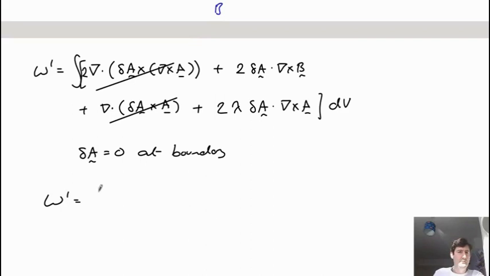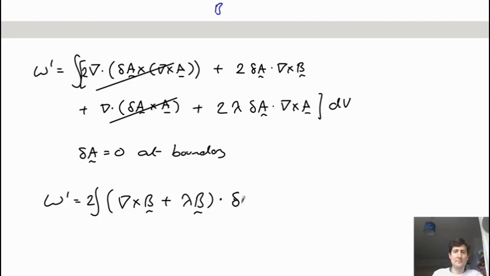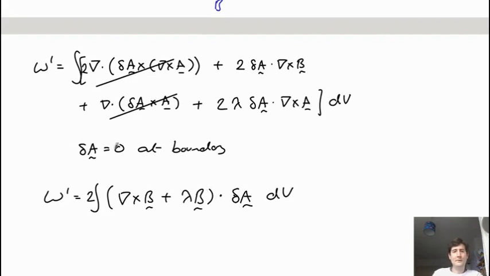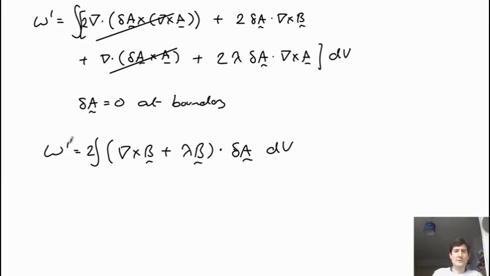So we have W prime now is, we'll just take the factor of delta A out the front. And we can drop the factor of 2 or just put it outside here. And then here we just end up with a term, so curl of B, and then plus, here we have a curl of A, so this is just B times lambda, and this dotted with delta A, and then integrated over the volume. And so this must be equal to 0 if we're trying to find a maximum or a minimum.